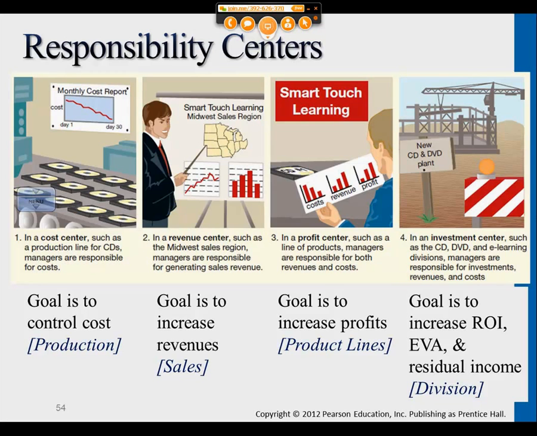Let's go next. The next we said is the revenue center. For the revenue center, an example is our sales region. We have a Midwest sales region, or Southwest, or whatever the other sales region is, whatever is the mapping of the subdivision of the company.